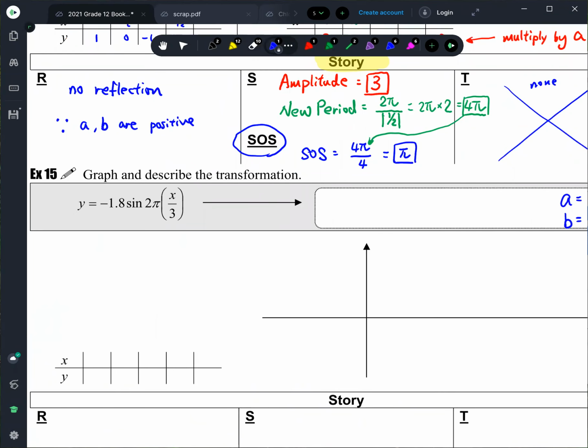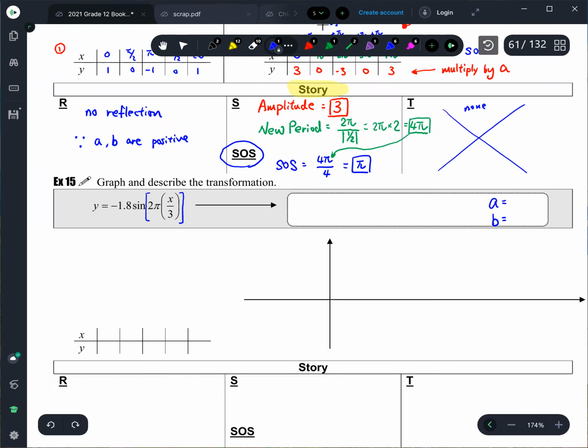Whatever is after the sine, you can put a bracket around it, so everything there is together. It will be better if we rewrite it so it's easier to figure out the A and B. That's what the arrow is for.